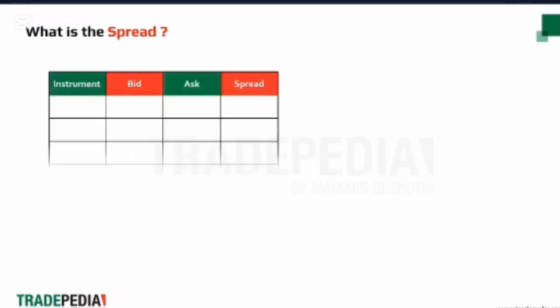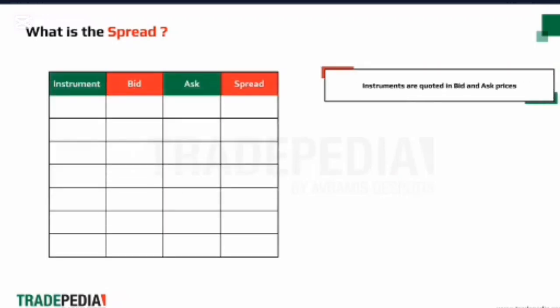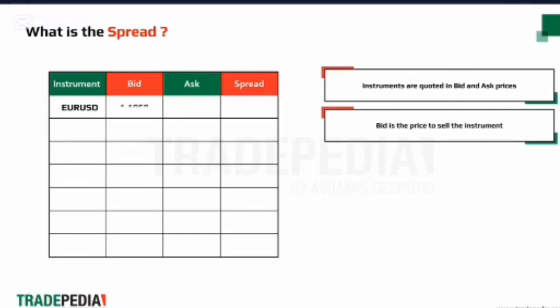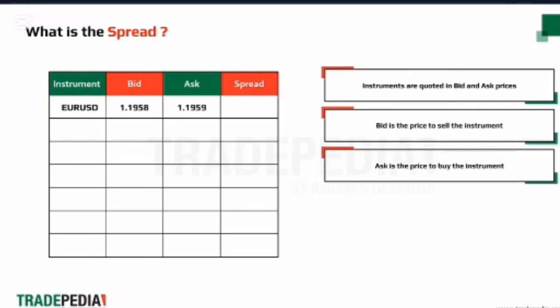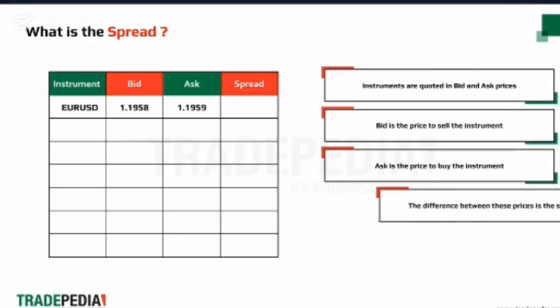Instruments are quoted in bid and ask prices. Bid is the price at which you can sell the instrument. The ask is the price at which you can buy the instrument, and the bid price is always lower than the ask price. The difference between the bid and the ask price is the spread, and it represents the cost of the transaction.